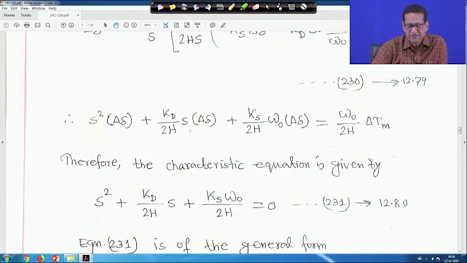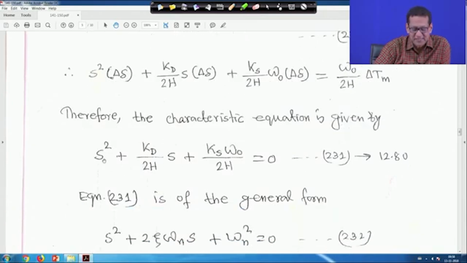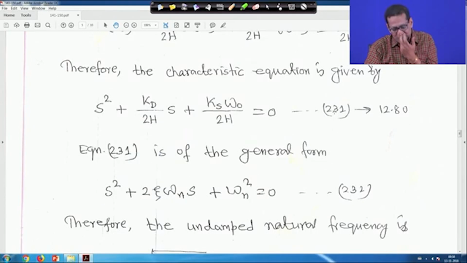This is a simple quadratic equation, a characteristic equation, which you have studied in your third year control system engineering. Therefore, the characteristic equation for the second order system is s square plus K d upon 2 H into s plus K s omega 0 upon 2 H is equal to 0. This is equation 231, the simple second order characteristic equation.